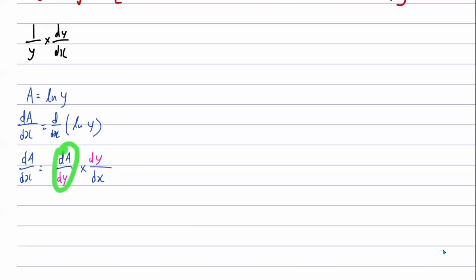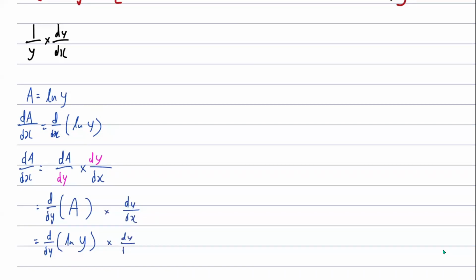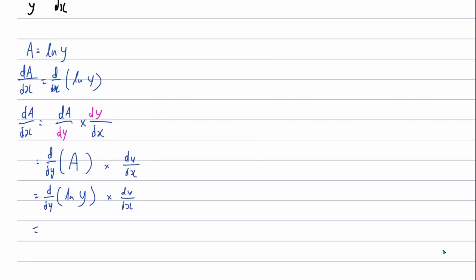So dA by dy is the same as differentiating ln y with respect to y, times dy by dx. Differentiating ln y with respect to y is just 1 over y. Then don't forget the dy by dx tail. That's it. Okay? Are you following?